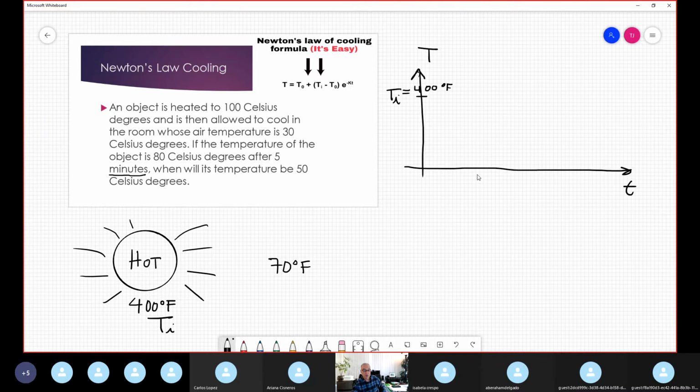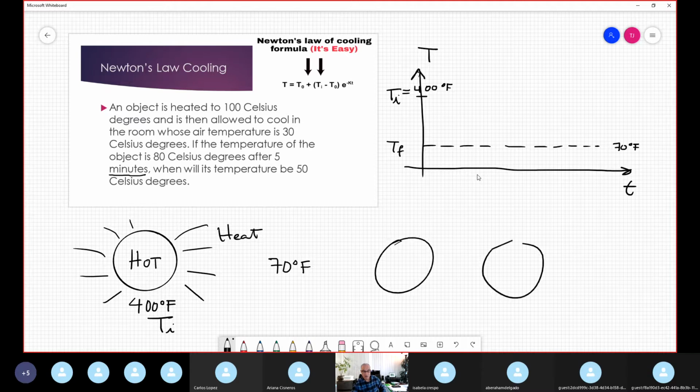In this problem, I don't read the problem, I explain the theoretical part. And the final temperature is 70 degrees Fahrenheit, because I know the transfer of heat stops when the temperature is the same. So if you have, for example, 71 and 70, the heat transfer still continues, but not too big.